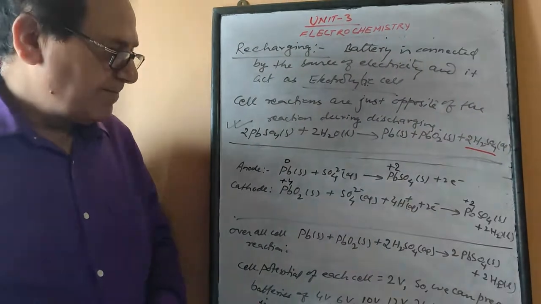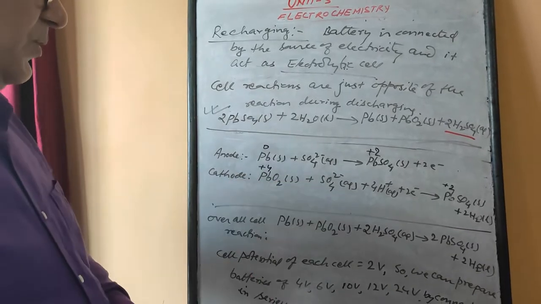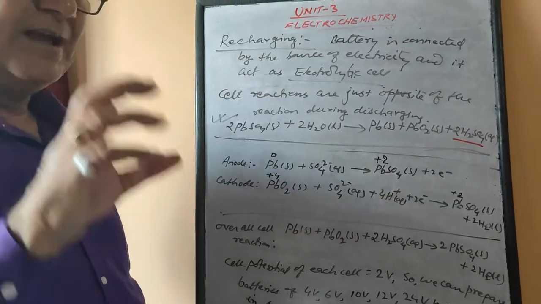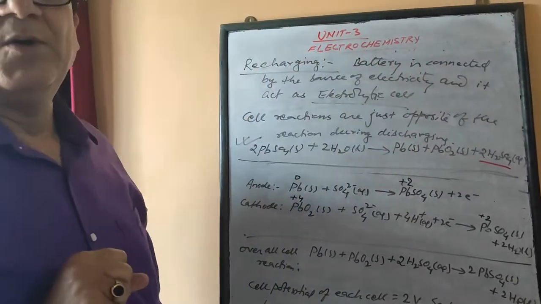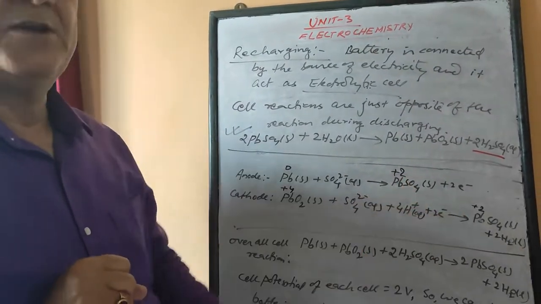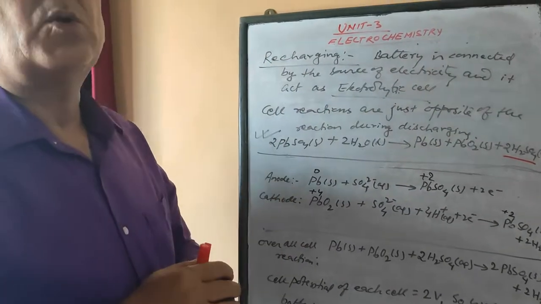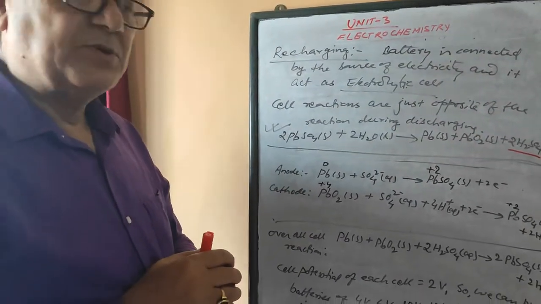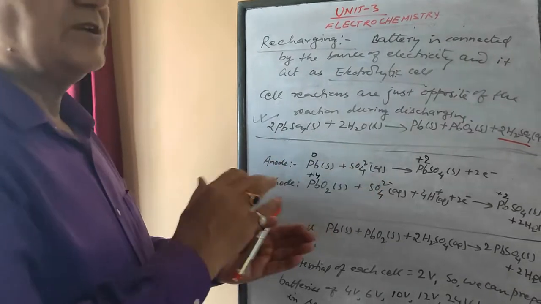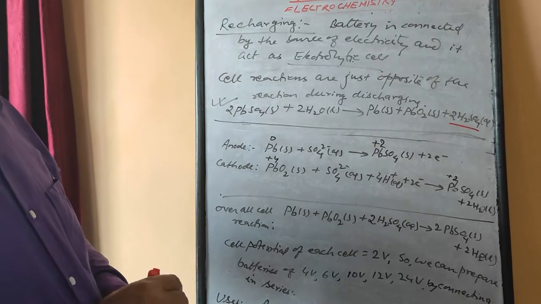Your answer is, in both the reactions PbSO4 is formed, and that formed PbSO4 sticks over the electrodes. And so this recharging and discharging is possible in the lead storage battery.